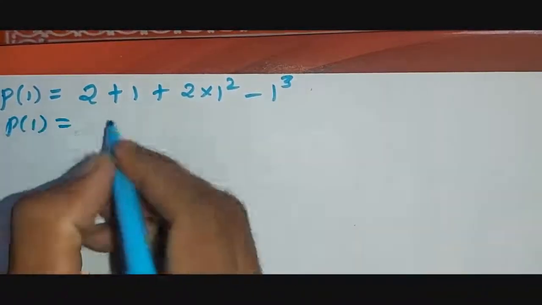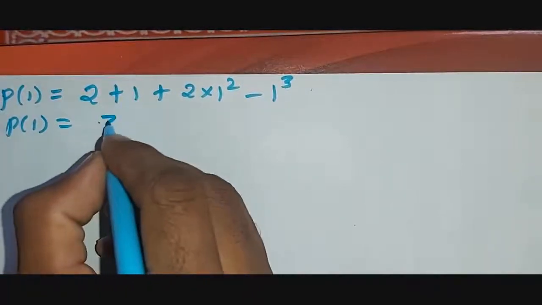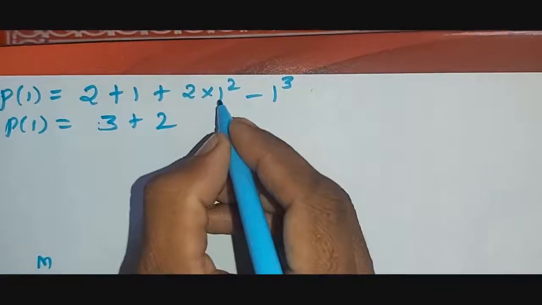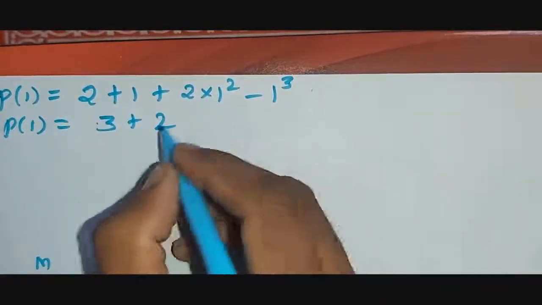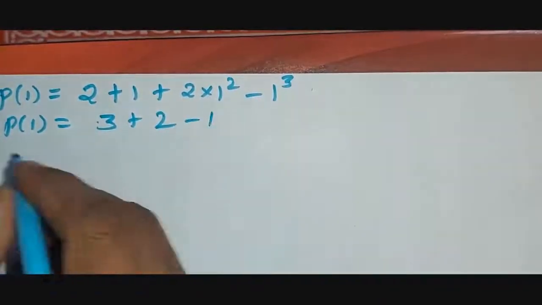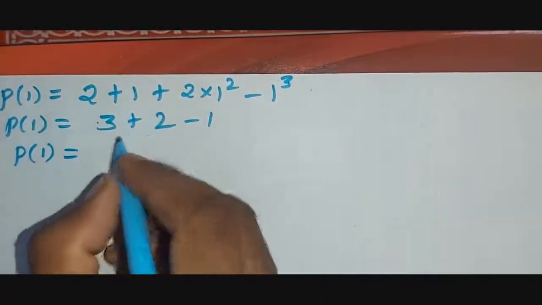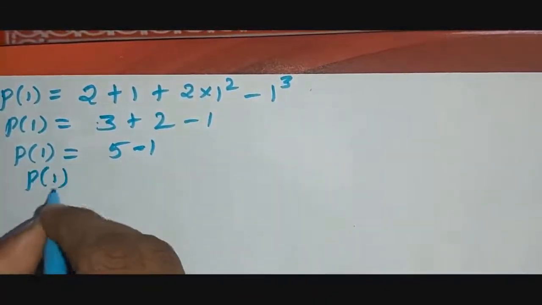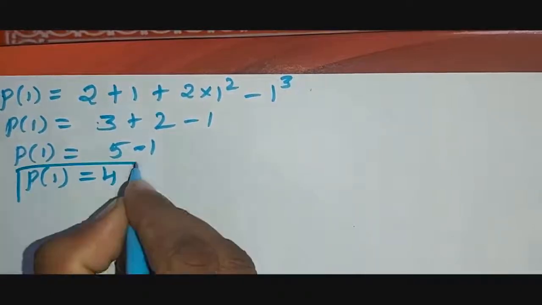Therefore, P of 1 is equal to 2 plus 1 is 3 plus 2 into 1 square means 2 only. Okay, because the square of 1 is 1 only. 2 ones are 2 minus 1 cube is 1. P of 1 is equal to 3 plus 2 is 5 minus 1. Okay, therefore 5 minus 1 which is equal to 4.